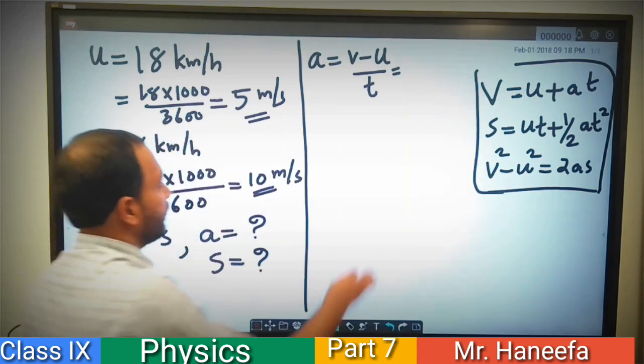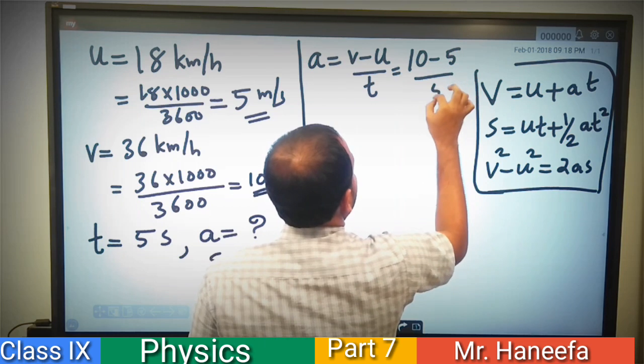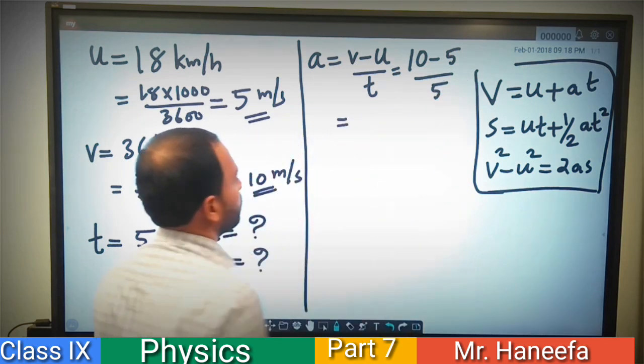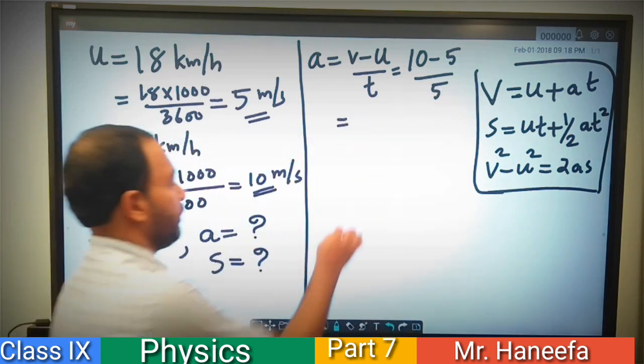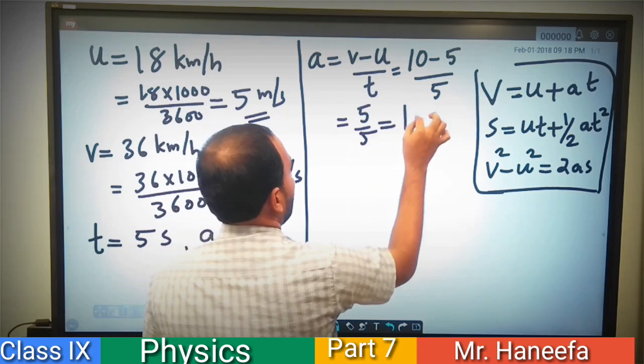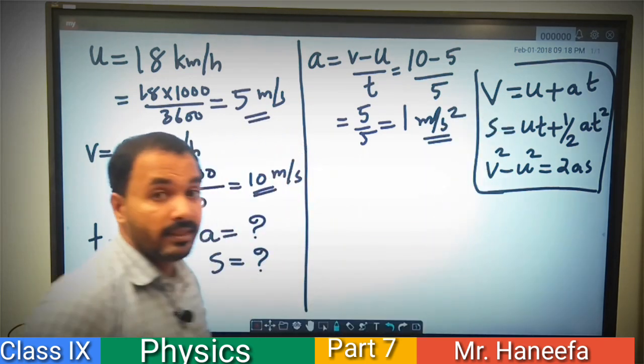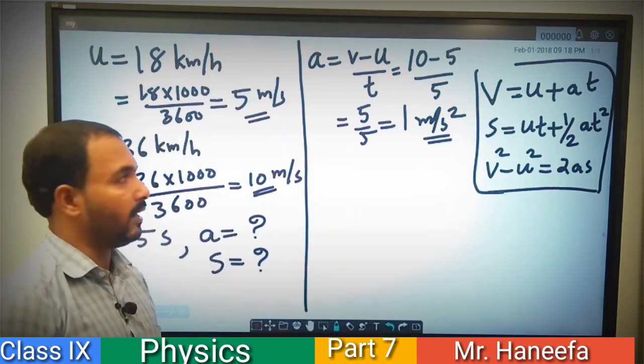What is v? 10 minus 5 divided by 5, equal to 5 divided by 5, equal to 1 meter per second square. This is the acceleration of the car.